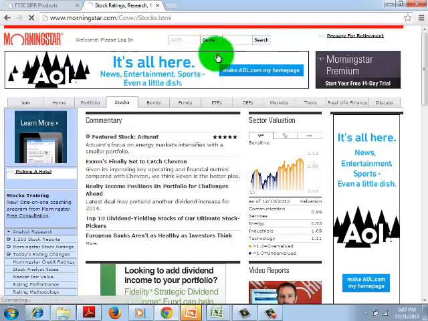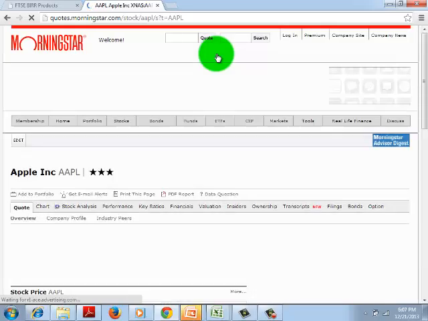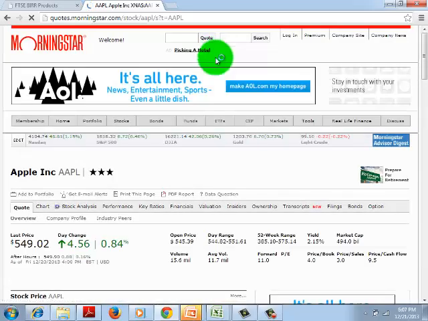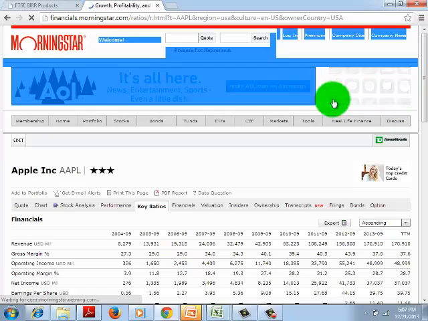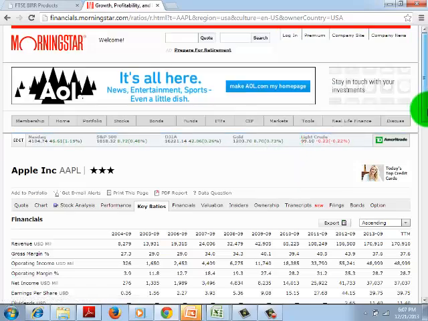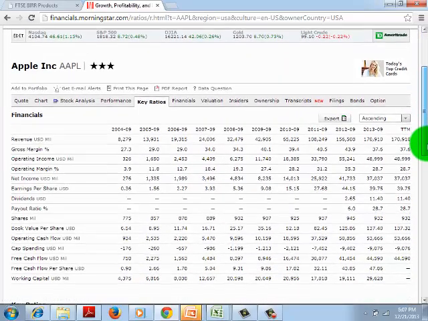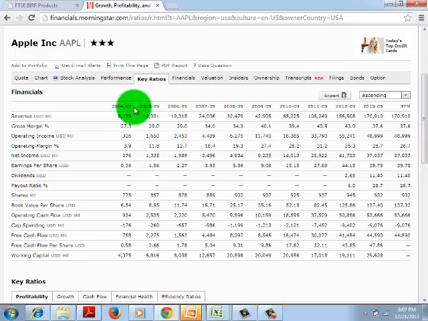Let's look at how the dividend policy of Apple looks. Okay, so this is data from 2004 to 13.